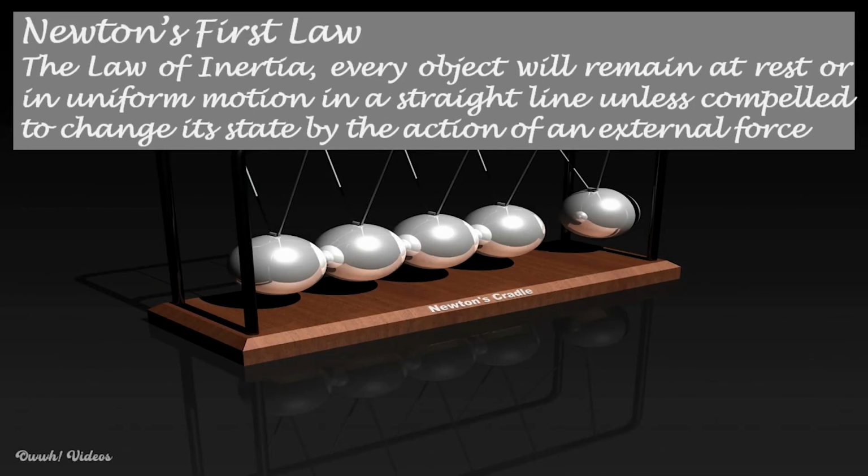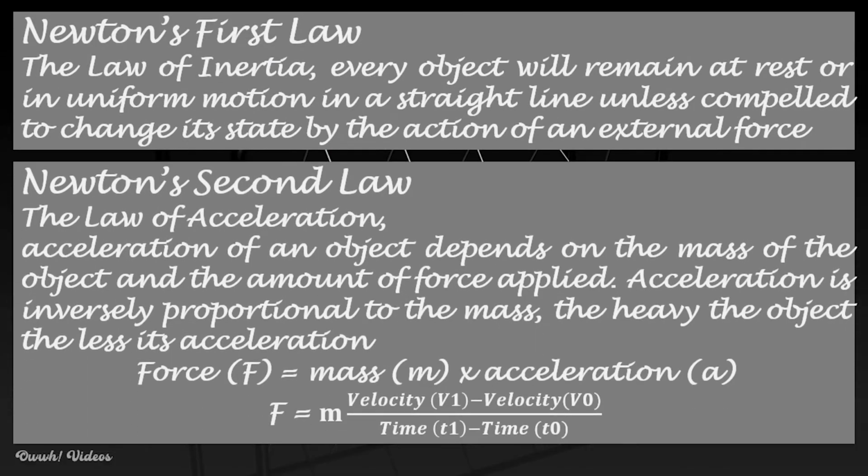Newton's first law, the law of inertia: every object will remain at rest or in uniform motion in a straight line unless compelled to change its state by the action of an external force. Newton's second law, the law of acceleration: acceleration of an object depends on the mass of the object and the amount of force applied.